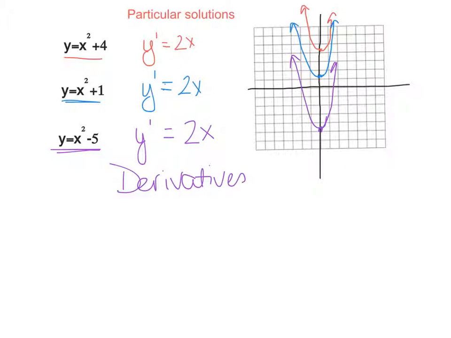Well, what happens when we take an integral, and let's say I want to work backwards, and that's what an integral is. If I take the integral of 2x dx, the problem is I don't know which one of these I have. Do I have this one that's down here at -5? Do I have this one that's up here at 1? Do I have this one up here at 4? I don't know where any of them are.